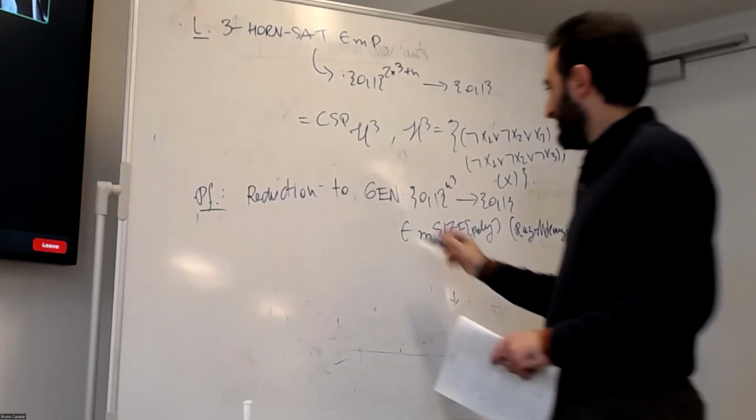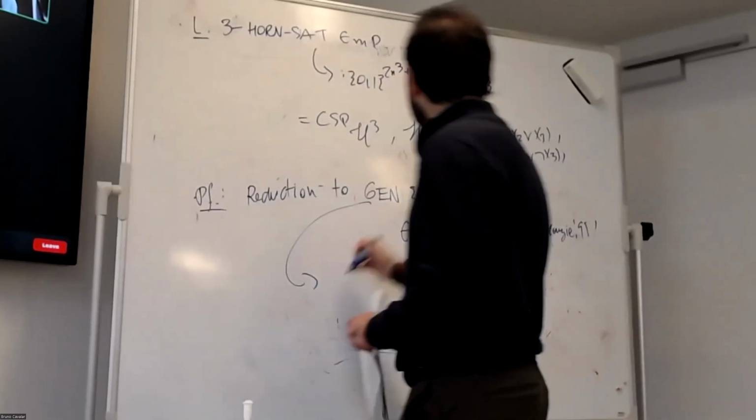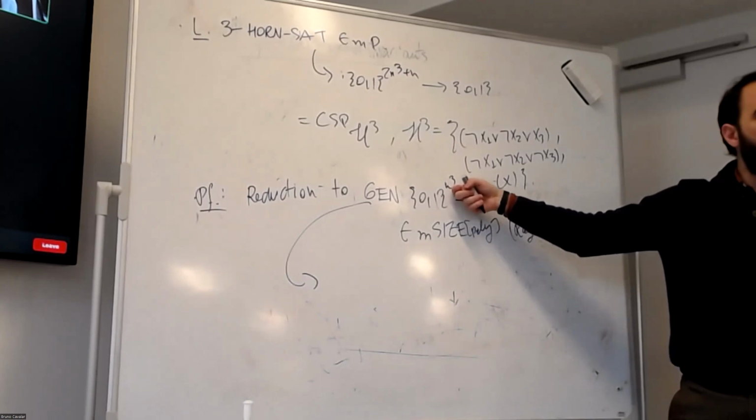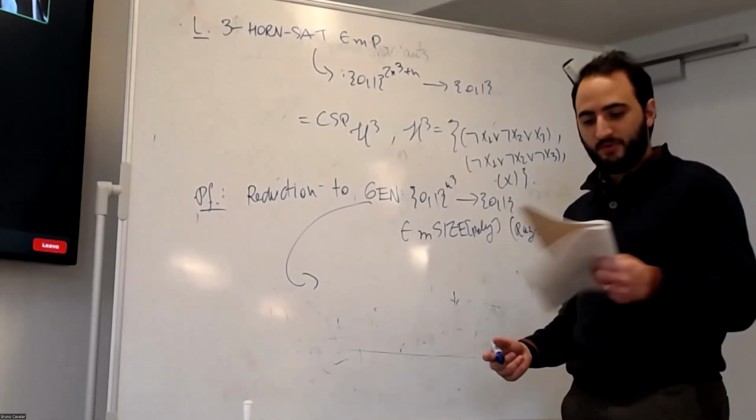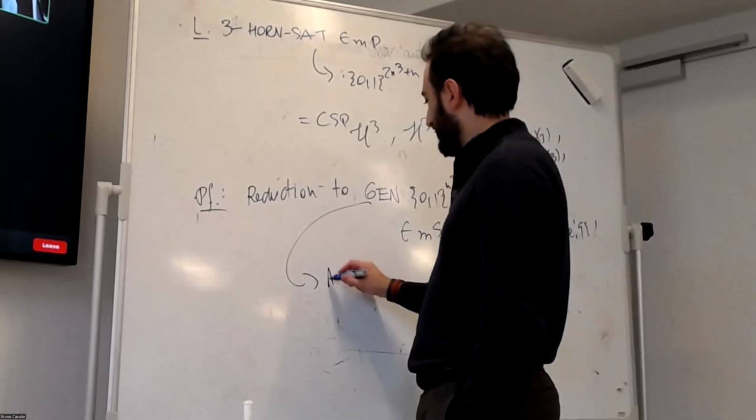So what's this gen function? The input is n cubed entries, and you can interpret this as a set of triples.